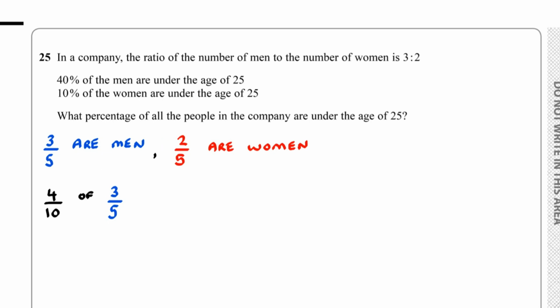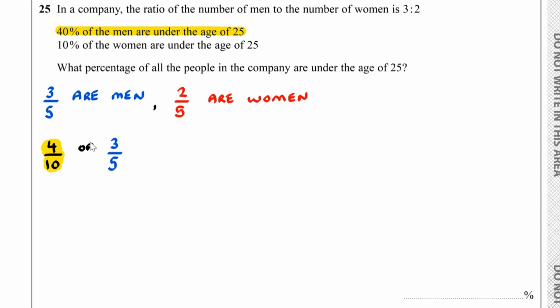So if I work out what this is the same as, 12/50, which is equal to 24 out of 100.